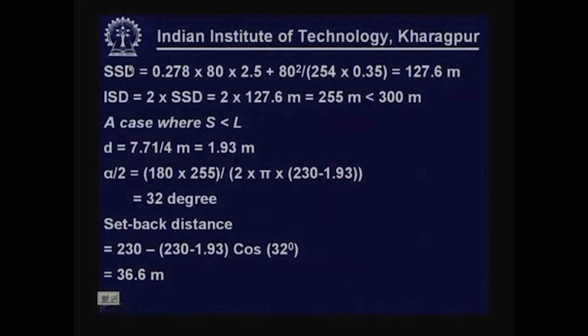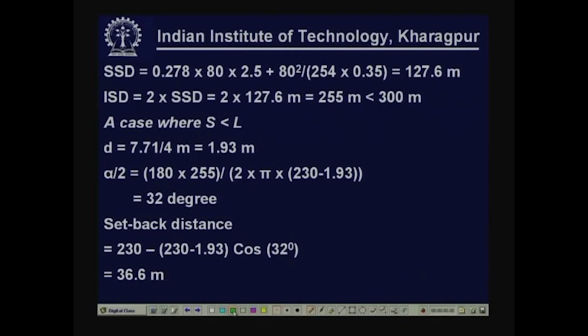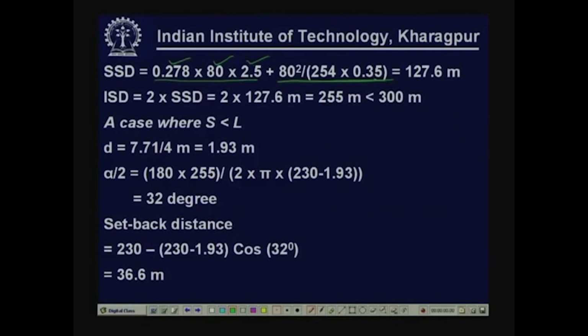Now, stopping sight distance is 0.278 into V, the speed in kilometer per hour, that is why it is 0.278, into T, T is the reaction time 2.5 second, plus, so this is the lag distance component, plus the braking distance V square by 254 f, 254 f because V is in kilometer per hour and the f value is 0.35, speed is 80 kilometers per hour.